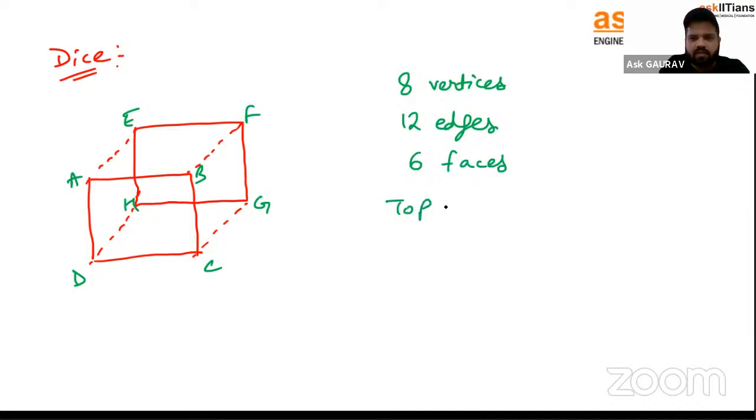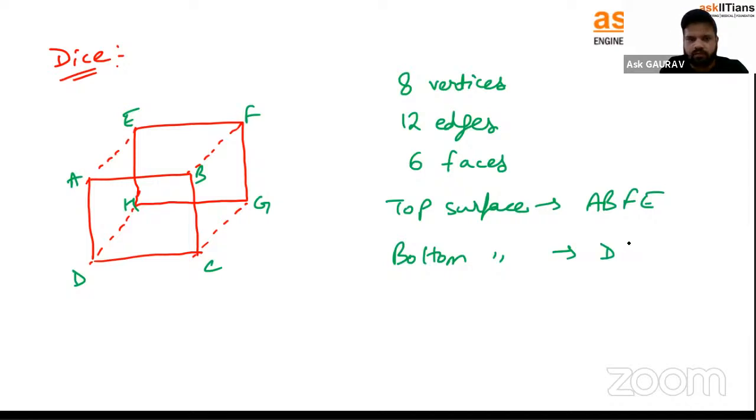The top surface is A, B, F, E. The bottom surface is D, C, G, and H, right?